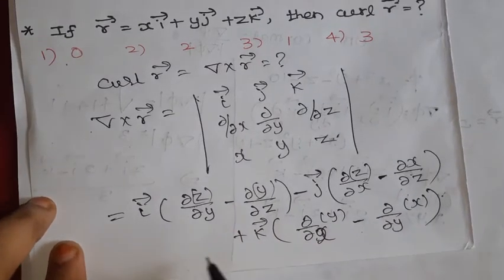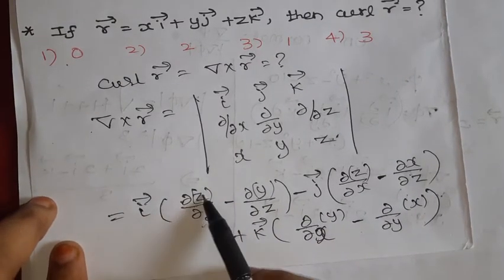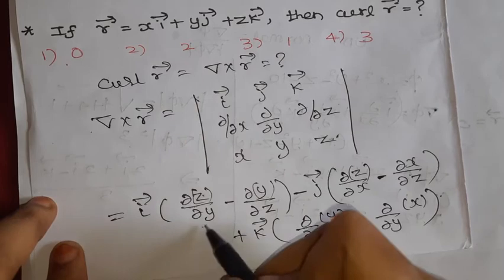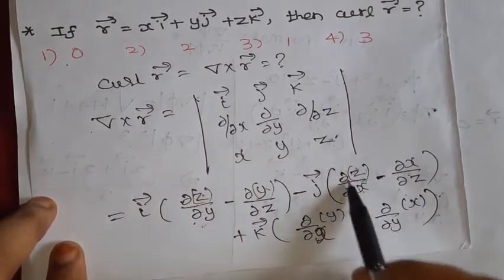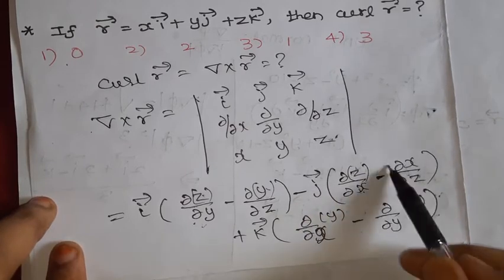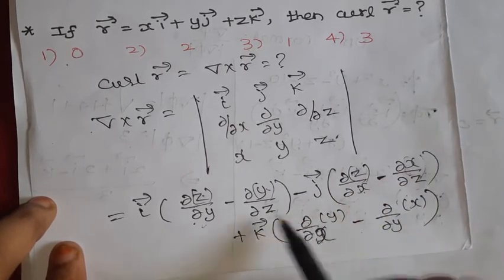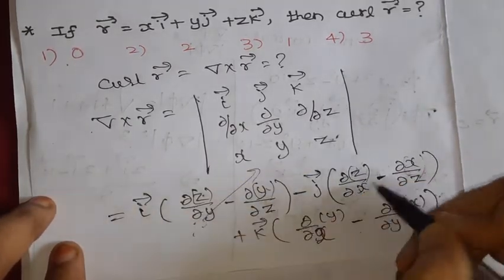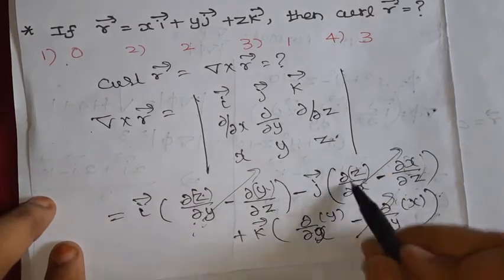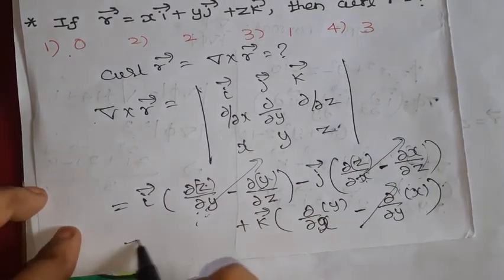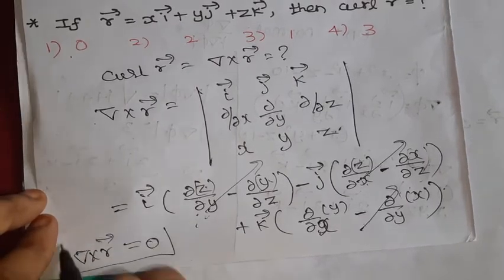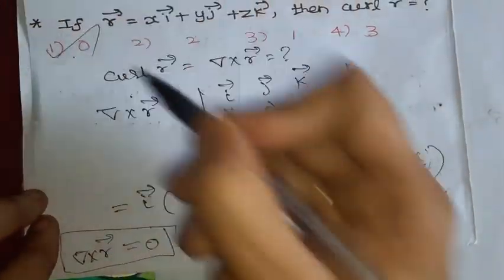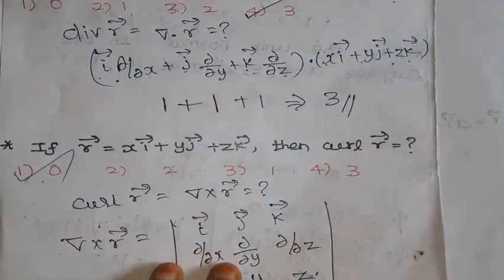With respect to x, obviously we will get 0. For this also 0, since with respect to x here is z only. So we are getting 0 for every term and all get cancelled. See each and every term. So del cross R is equal to 0, nothing but curl R equal to 0. Option 1, 0, is the right option.